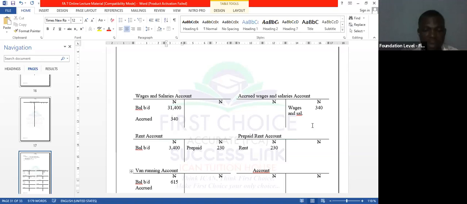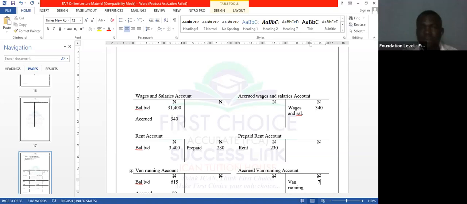The money they are owing that they have not paid at the end of the year is the accrued figure here. So we're going to have accrued van. If we are debiting this one, we're going to credit this one. So we have van, the amount is 72 naira.